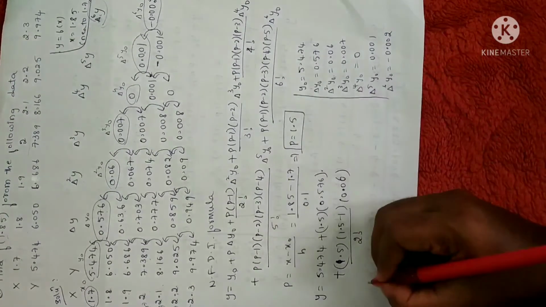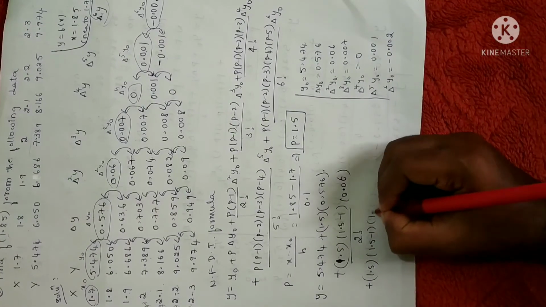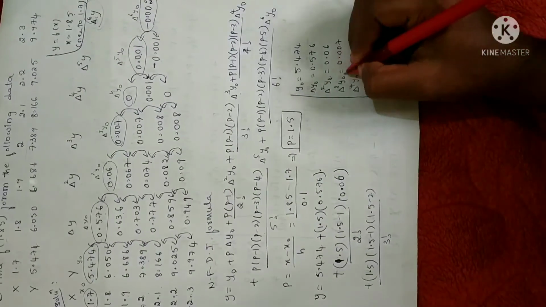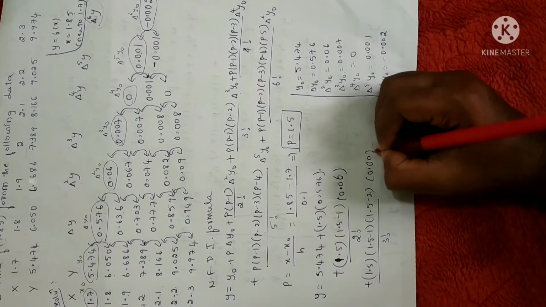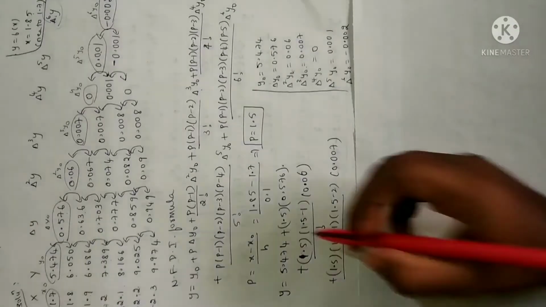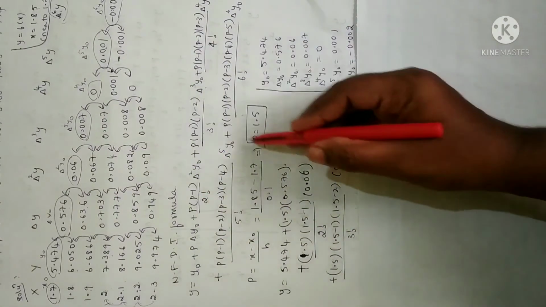Next term: plus 1.5 into 1.5 minus 1, 1.5 minus 2 divided by 3 factorial into delta cube y naught, 0.007. Fine, I'll just continue. See here, 1, 2, 3, 4 terms, up to 3 factorial is finished.